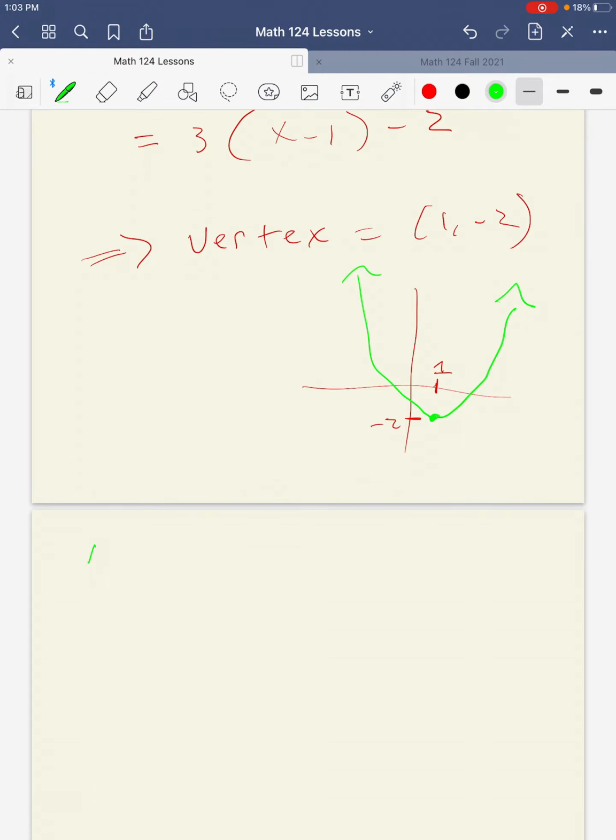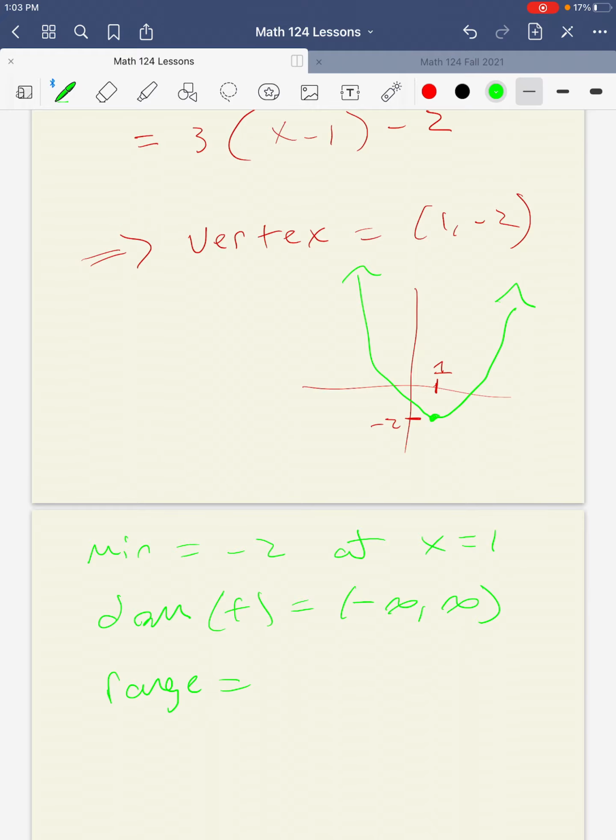Okay, so the minimum value will be -2, which happens at the location x equals 1. Clearly the domain of this will be all real numbers. And by looking at the graph, now that we know the minimum, we know that the range will be from -2 off to infinity.